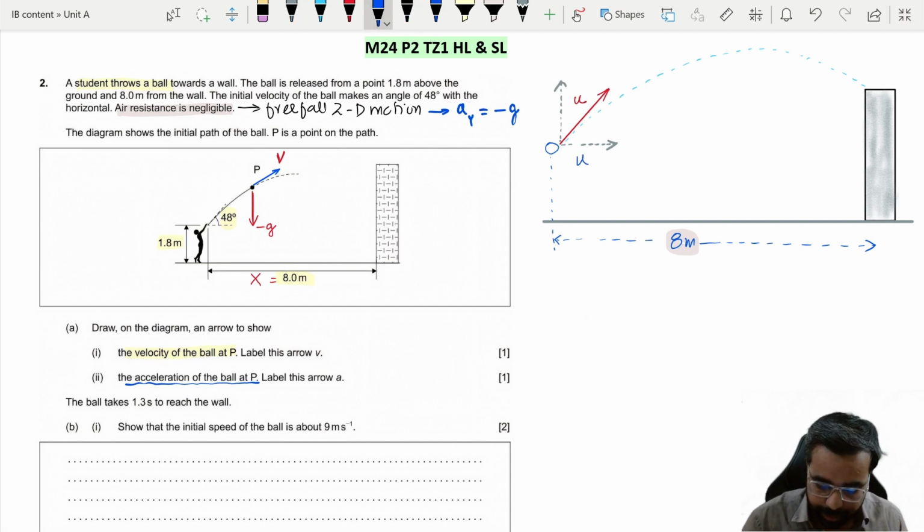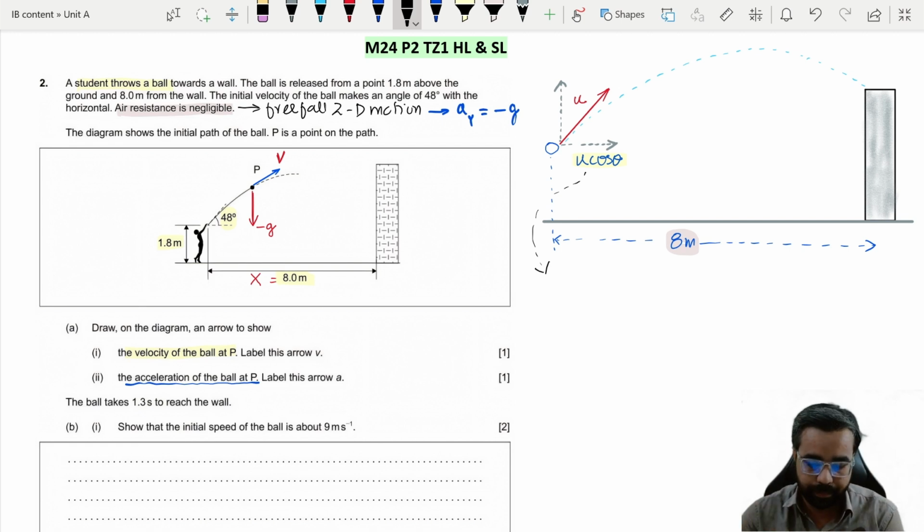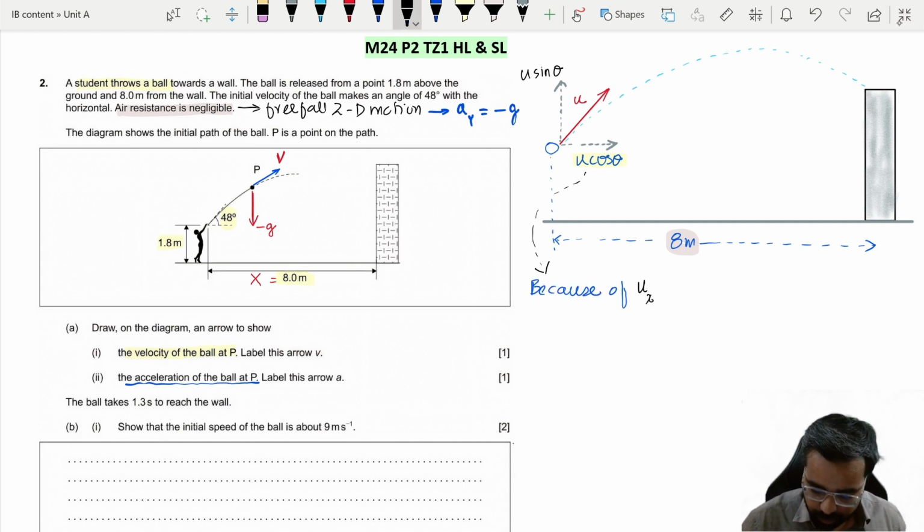And students, you know that the x component is u cos theta, which is the component of the velocity that will take the object horizontally, whereas u sine theta is the component of velocity which will be responsible for the vertical motion. All right, so we can say ux, which is u cos theta, the ball will cover horizontal distance.